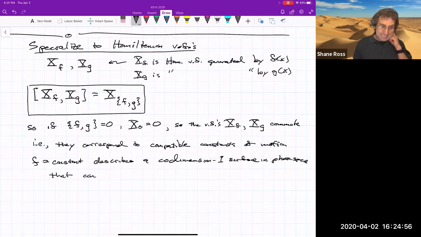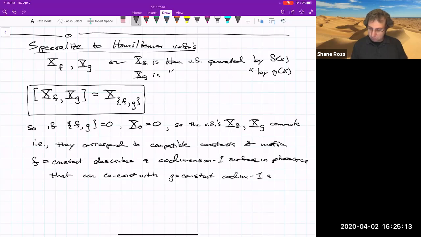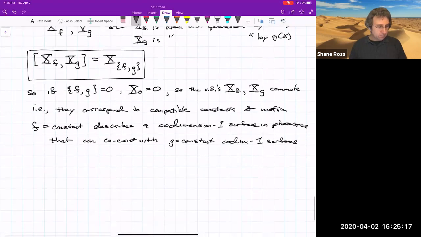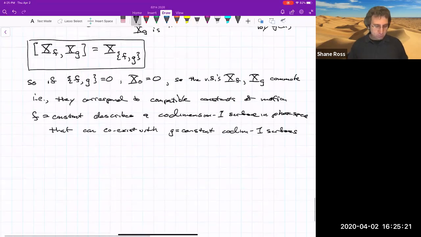That can coexist with G equals constant codimension 1 surfaces. Okay, and I will give a geometric example of that.